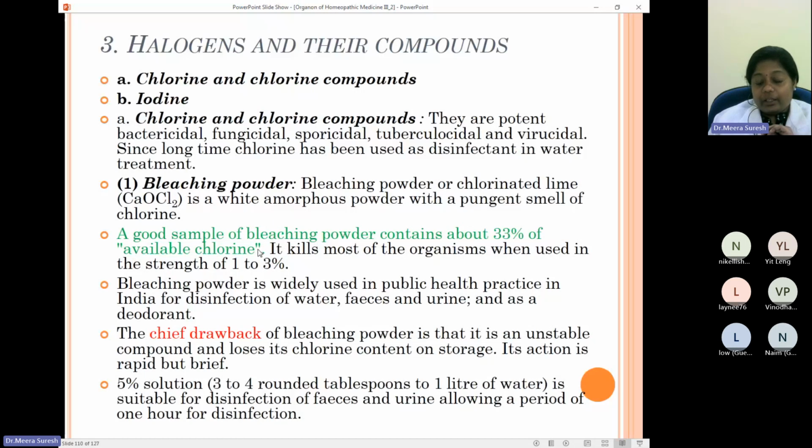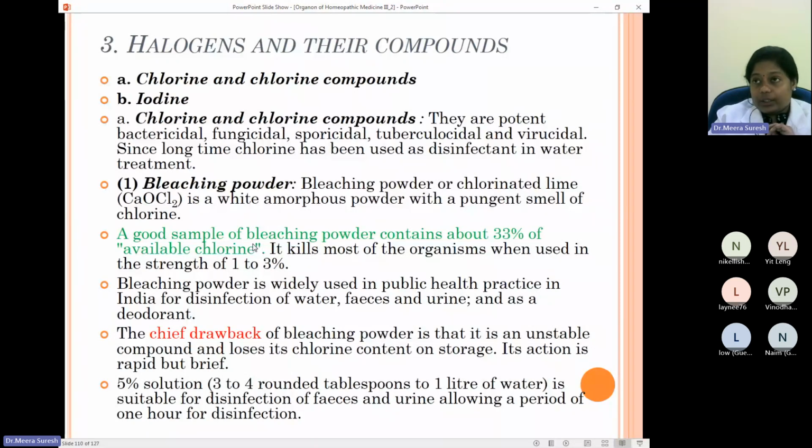And what does the term available chlorine mean? It is the amount of chlorine that is actively available to disinfect a solution. So when we are using 100 gram of bleaching powder in a water body, imagine a well, we are going to put 100 gram of bleaching powder. In that 100 gram, we are going to get only 33 percent of chlorine. Even that 33 percent chlorine is enough.